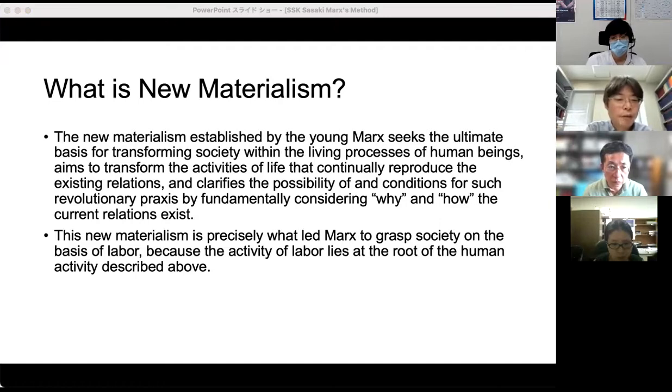This materialistic view of society is precisely what led Marx to grasp society on the basis of labor, because the activity of labor lies at the root of human activity.